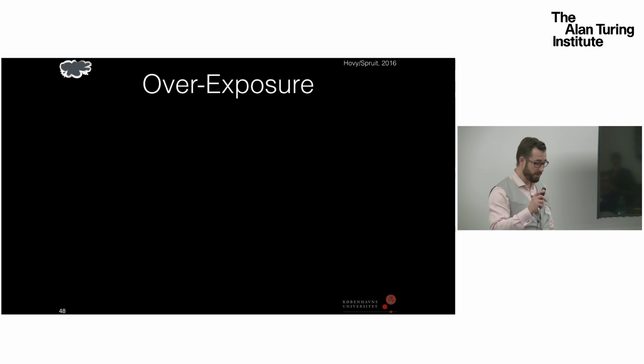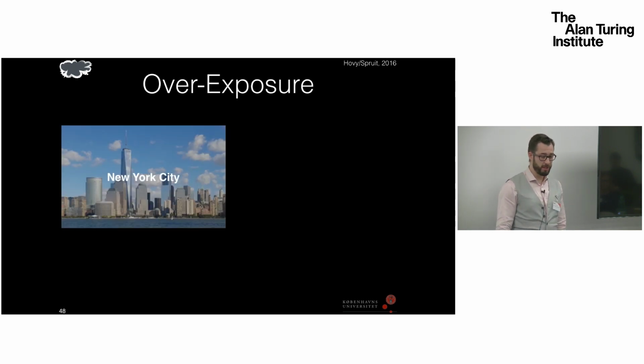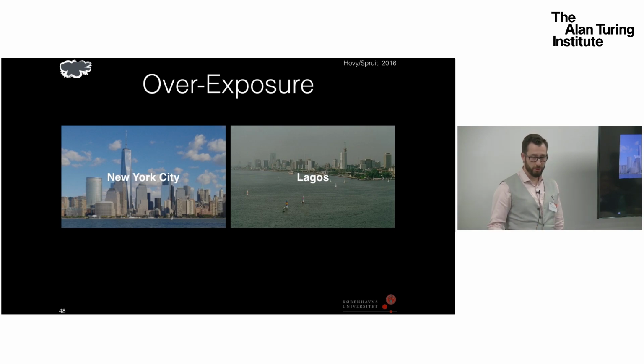And this is the problem, the flip side of overexposure. If I tell you about 2 cities, let's say New York and Lagos, most people say, where the hell is Lagos? It's in Nigeria. But if I ask you which city is bigger, the first assumption is, oh, it must be New York. Now, obviously, you know that this is a trick question, so you know it's not New York. But you know how many people live in Lagos?